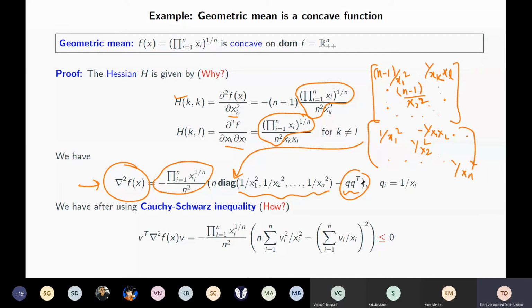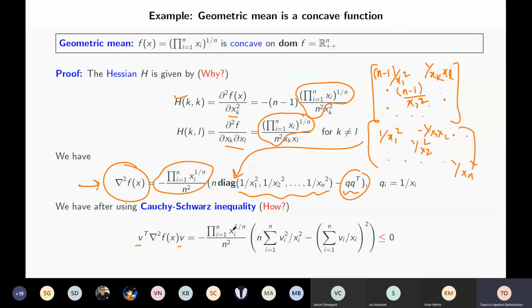So now, to check that this is symmetric and positive definite: it is always symmetric anyway, because Aij is Aji. So we have to check that this is positive definite. We multiply by V transpose and V, and we have to see where V goes.